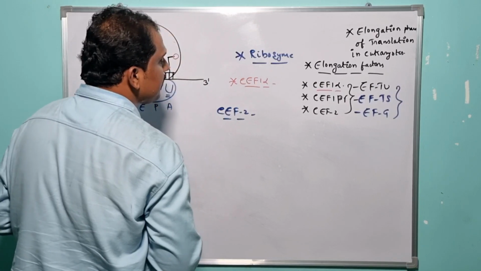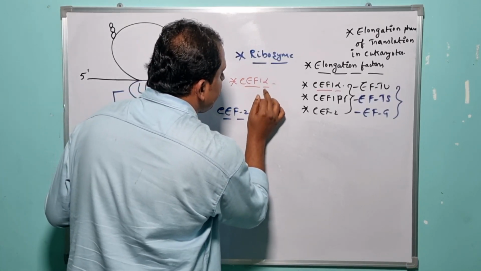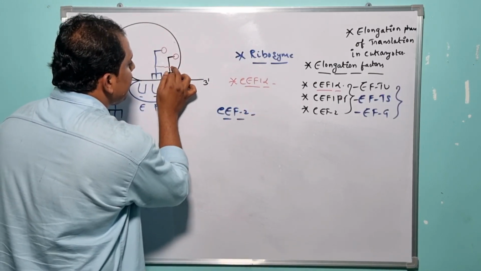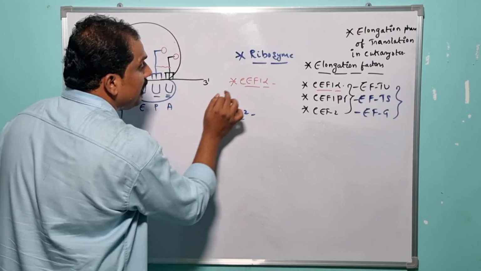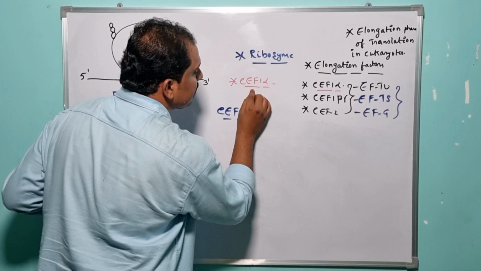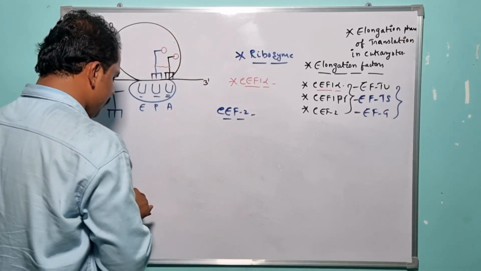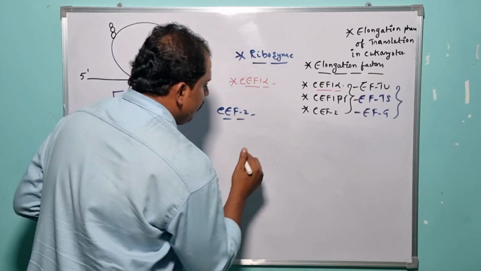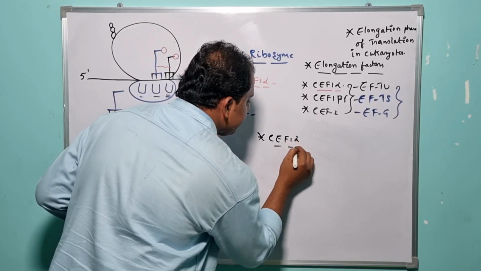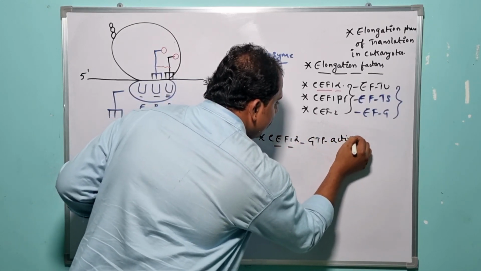By taking advantage of the elongation factor known as eukaryotic elongation factor 1 alpha, the amino acid tRNA with its encoding amino acid is capable of being recruited to the A site of the ribosome. But eukaryotic elongation factor 1 alpha, it is in inactive mode, right? As I have already told you, when eukaryotic elongation factor 1 alpha is in association with GTP, it remains in active mode.